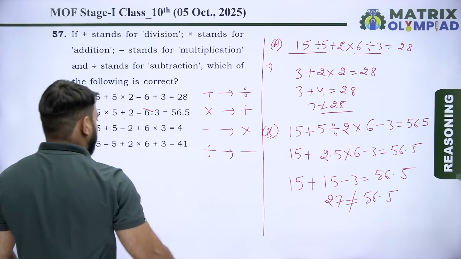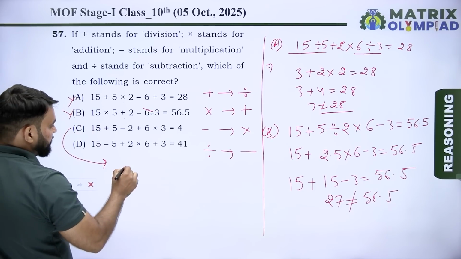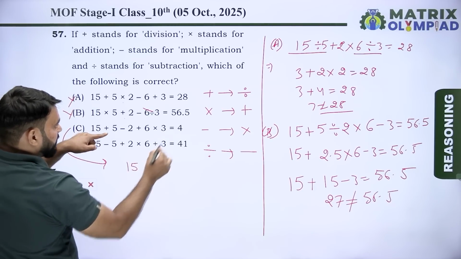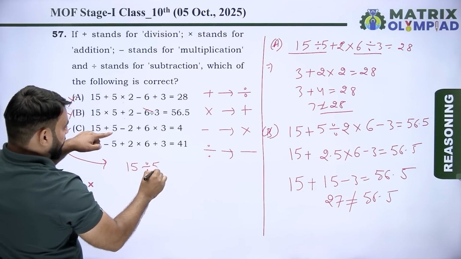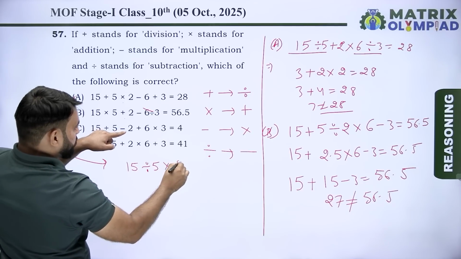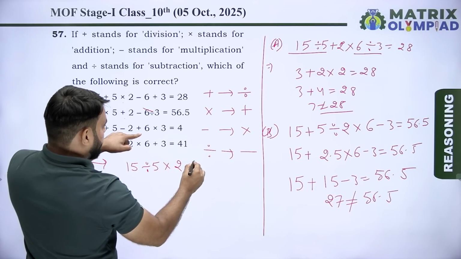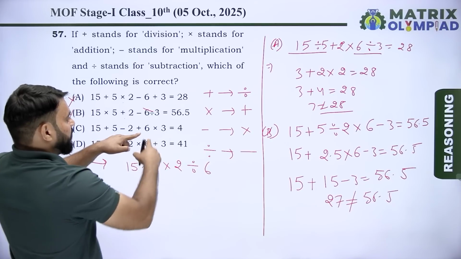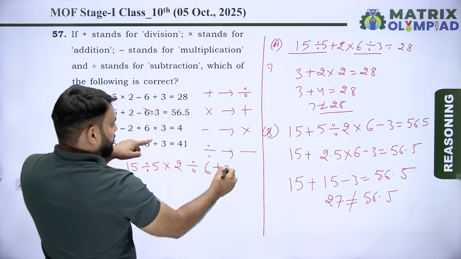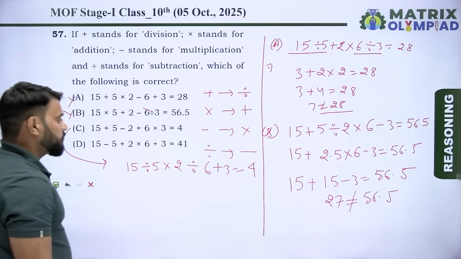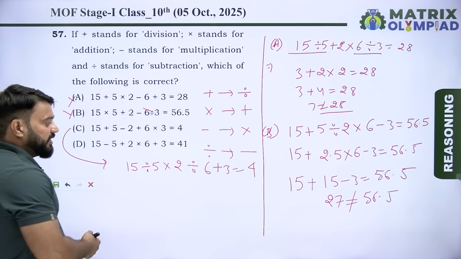Now taking option C. According to option C, 15 plus means divide 5, minus means multiply by 2, plus means divide 6, multiply means plus 3 is equal to 4. So here first divide the numbers.